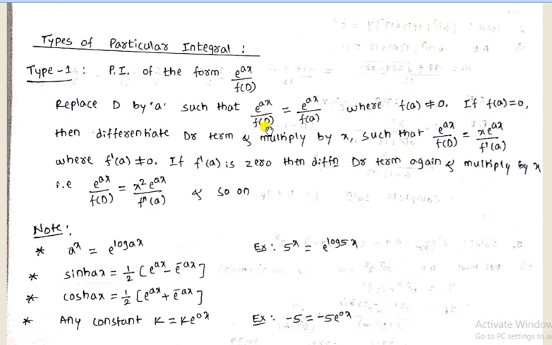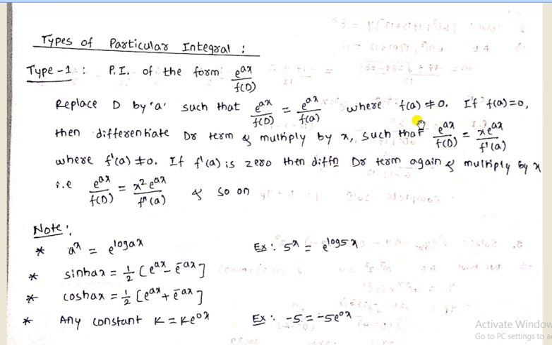Then in the denominator substitute D with the coefficient of x, so e raised to ax divided by f of D equals e raised to ax divided by f of a, where f of a is not equal to 0.